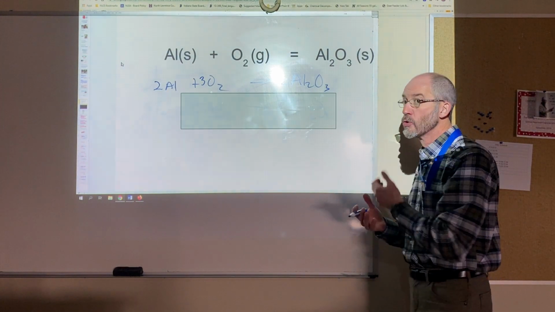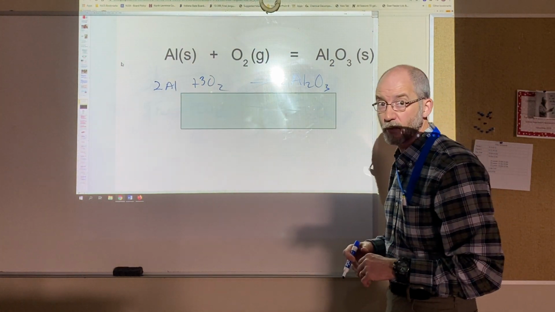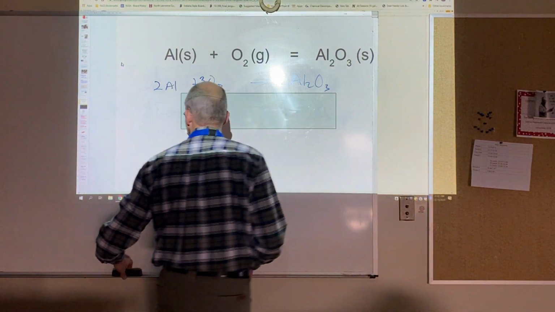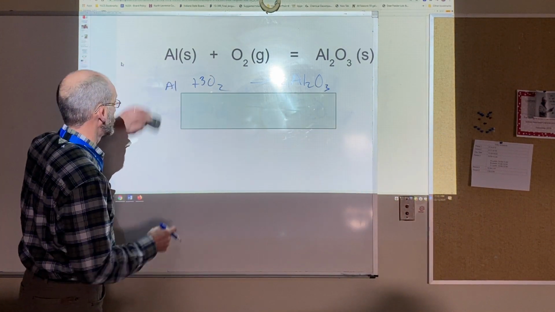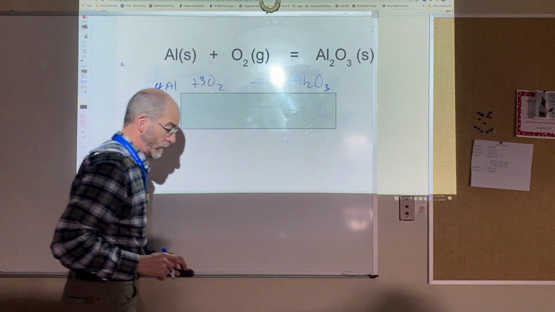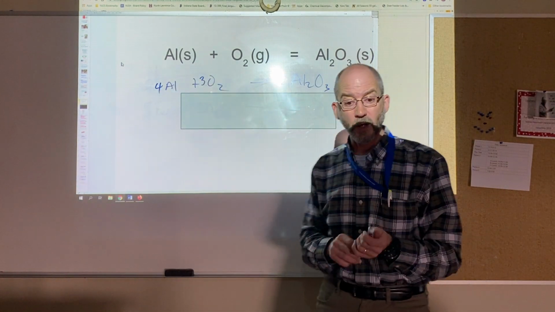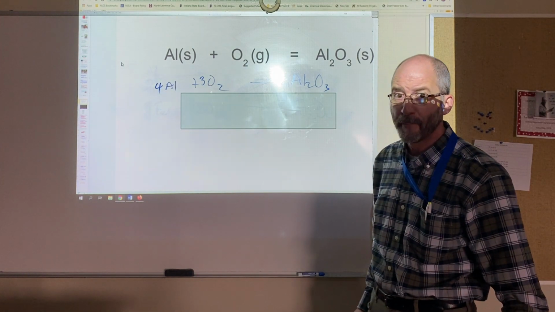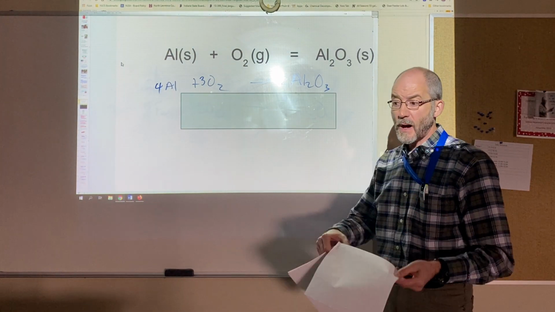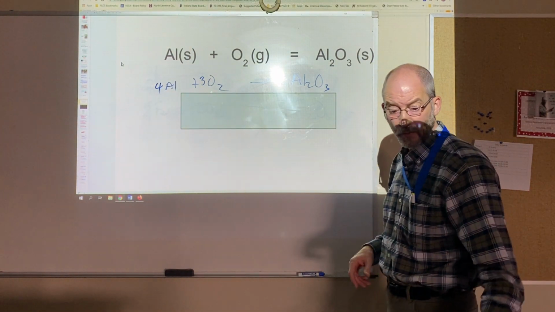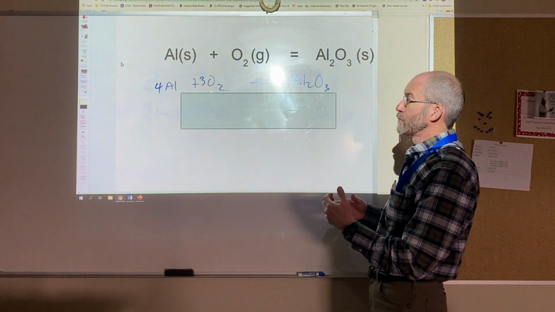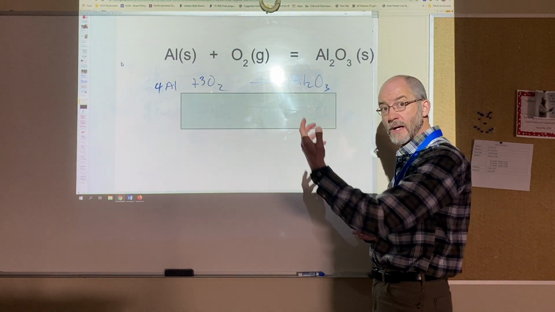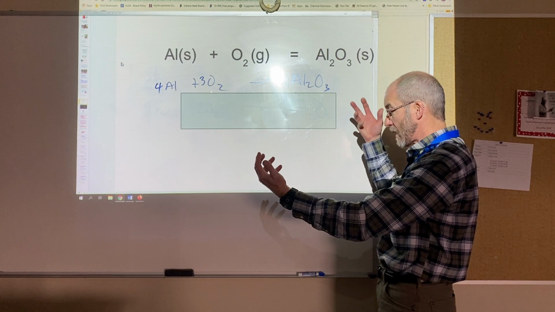But since my aluminum is isolated, and you've got to love it when things are isolated, I can just simply make that a 4. And so you're like, oh, okay, well, I may not be an expert, but I think I see the basic idea behind balancing chemical equations. I simply want to make sure that what I have on one side is equal to what I have on the other.